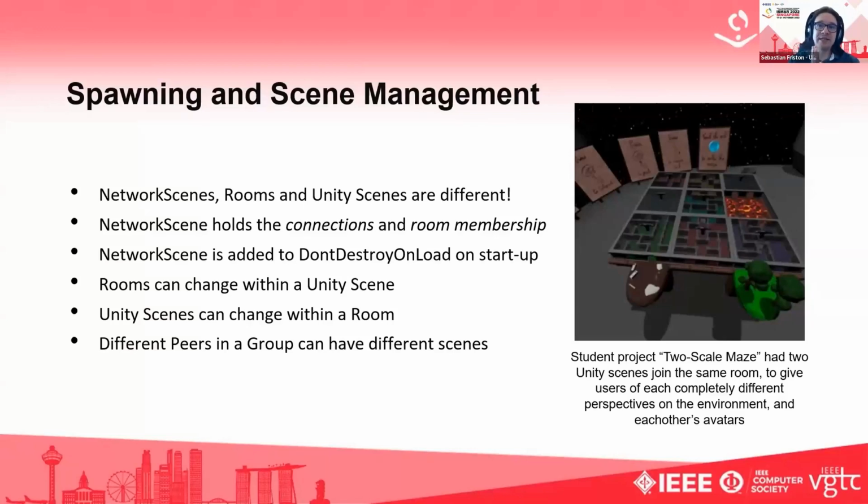And the expectation is that Unity scenes may be added additively, as this is the process that Unity are trying to push now, or completely replaced, all the while the peer is a member of a single peer group. For example, you could imagine groups of peers wanting to navigate through different environments together as one use case. And this we use to great effect.